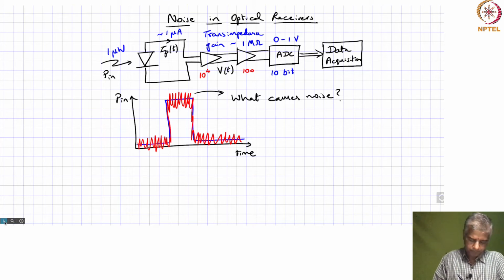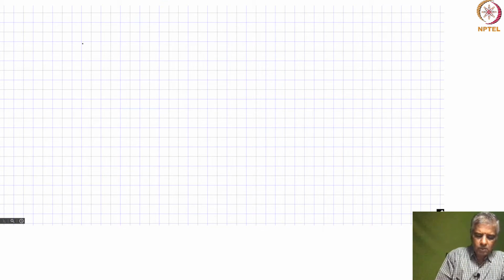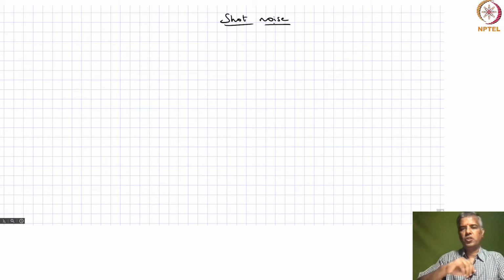Okay, so the first source of noise that I would like to consider is what is called shot noise. So what is shot noise? Well, when we think about light sources, even as we speak, certain light is incident on me and is being captured using the camera.